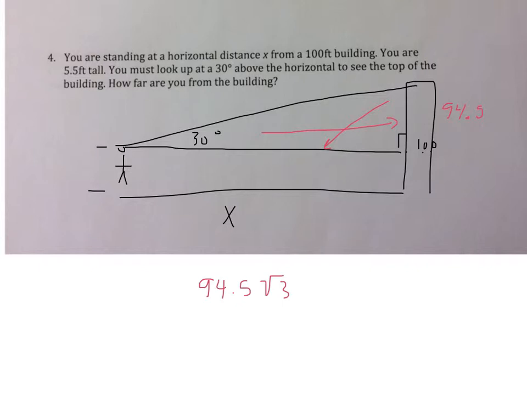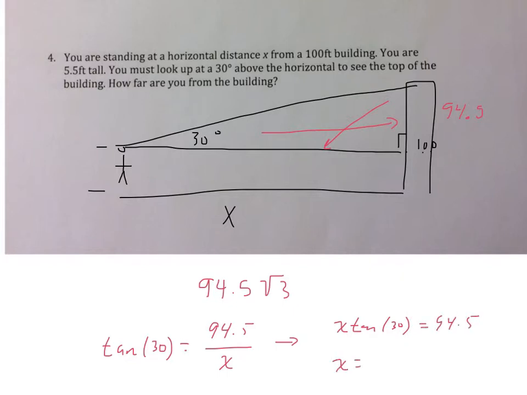Now, if you're not getting the 30-60-90 triangles quickly, you could also use tangent and say that tangent of 30 equals 94.5 over x, and then solve for x. So we can say multiply both sides by x. x tangent 30 equals 94.5. x must equal 94.5 over tangent of 30.